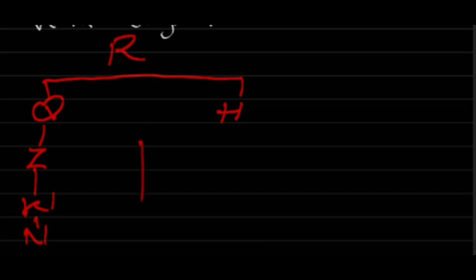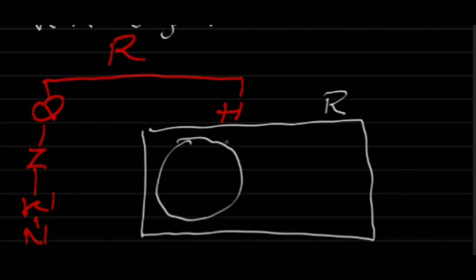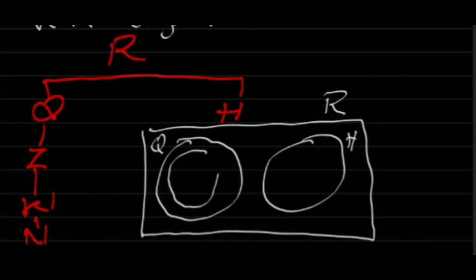So if we are to draw a Venn diagram to illustrate this chart we have here, this universal set will be our real numbers. We are going to have rational numbers here, and then we are going to have irrational numbers here. Then inside rational numbers, we are going to have the set of integers.